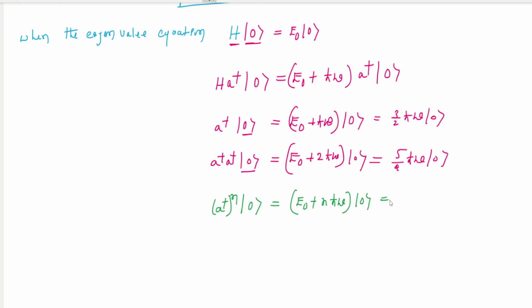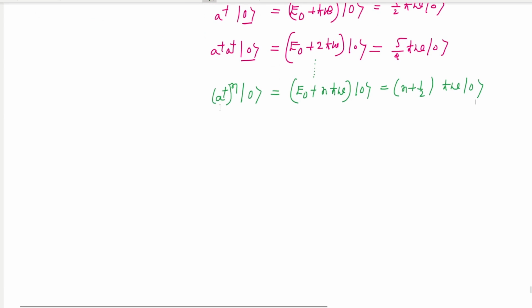Therefore, we can write this equation like this: (n plus 1 divided by 2) H cross omega. These are the eigenvalues of the harmonic oscillator. The eigenvalues of a harmonic oscillator you can get easily by using this operator without using any integration up to here.